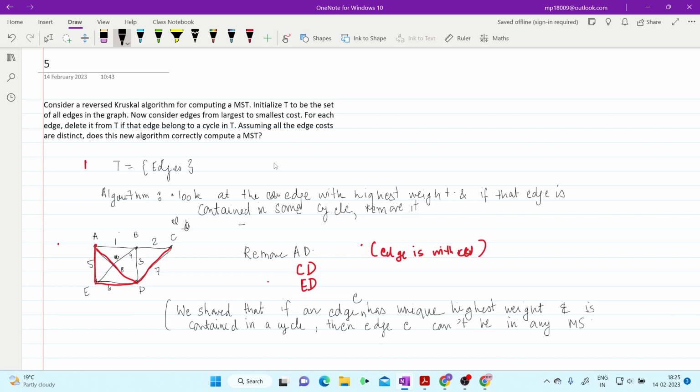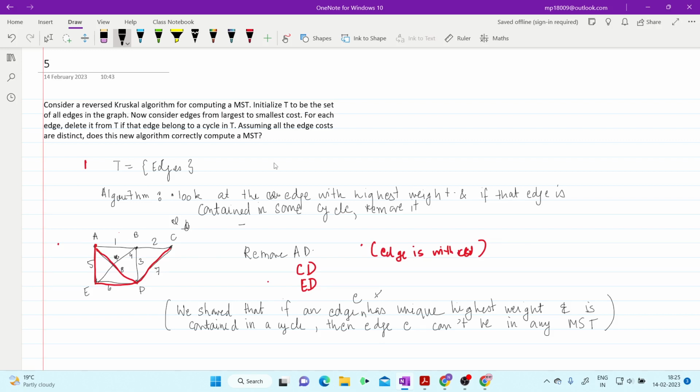We showed this, right? And in this algorithm, since all the edges have distinct weights, at each stage the highest weight edge is unique, and if that highest weight edge is contained in a cycle, then we are removing it.